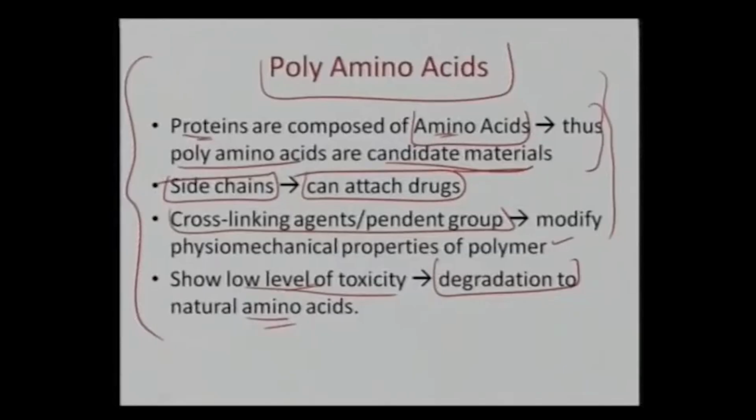And again, on the side chains we can attach certain drugs. At the same time we can play with the cross-linking, and then define the physiomechanical properties of the polymer itself. And again, the degradation of this polyamino acid can be to the natural amino acids, and then they can show a very low level of toxicity.